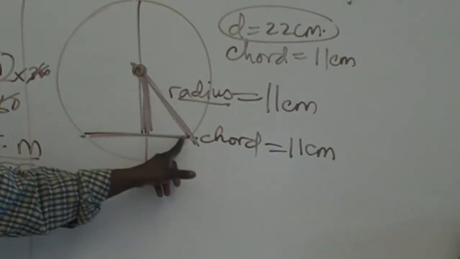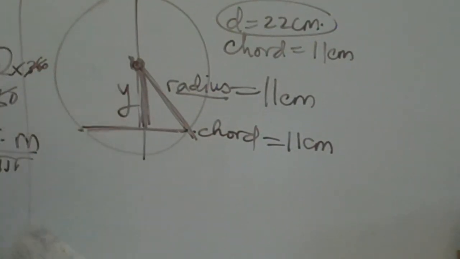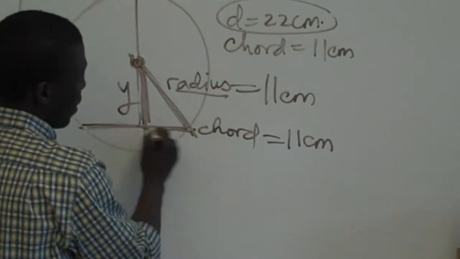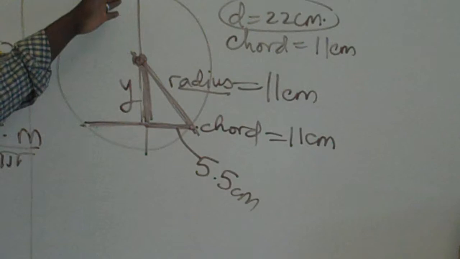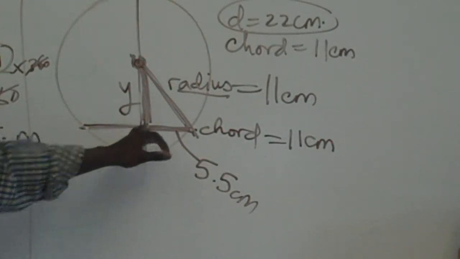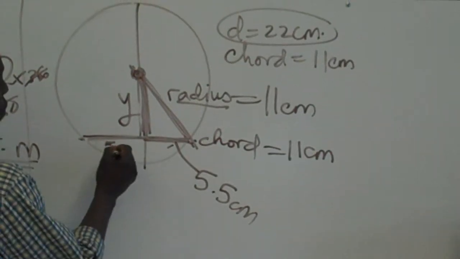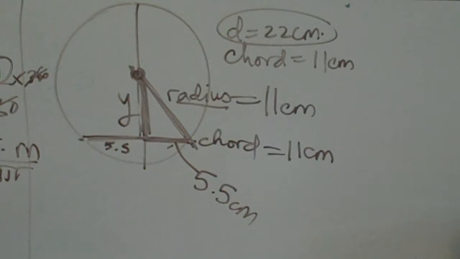So this part right here is 11. This right here we don't have. Let's call it y. Now this part right here is 5.5. How do I know that? Because when the diameter goes past the chord in the middle there, it bisects it. And so we get 5.5 and 5.5, because this is equal to that. That's one of the theorems discussed in lesson 43.